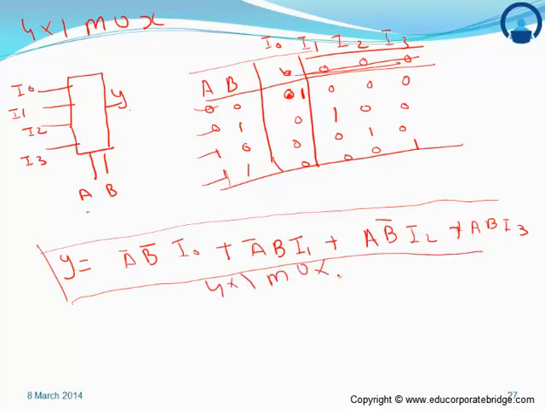Now to implement this 4 cross 1 mux, we can have the circuit diagram as follows. Let's draw the circuit diagram for the output of the 4 cross 1 mux, which was A bar B bar I0 plus A bar B I1 plus A B bar I2 plus A B I3.